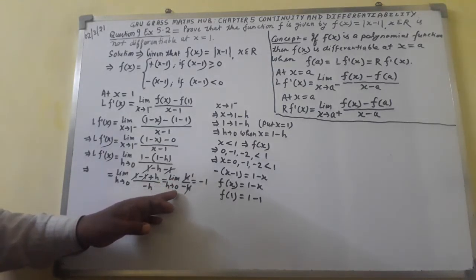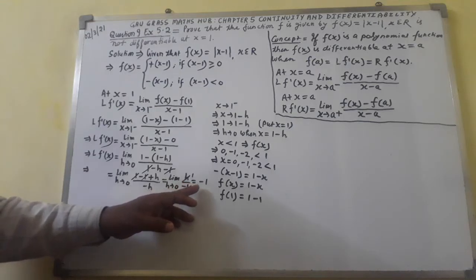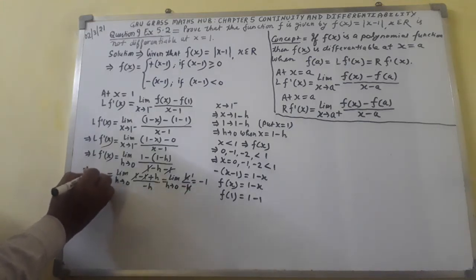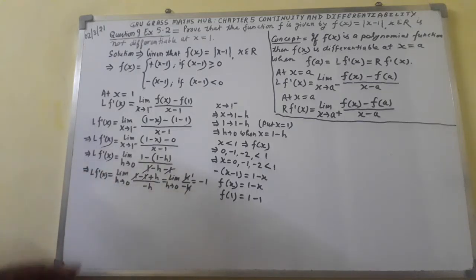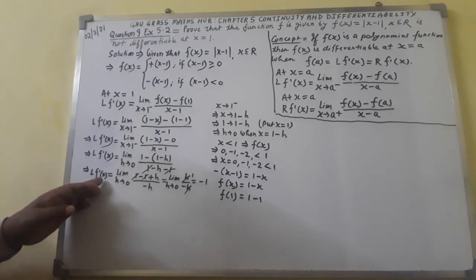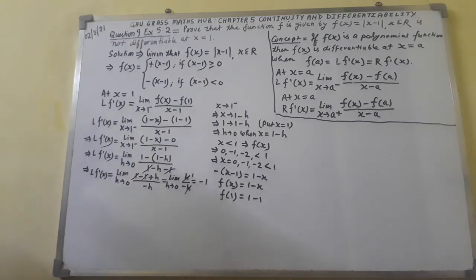Limit h tends to 0, minus 1 comes out here as minus 1. The left hand limit of f dash x, the left hand derivative of f of x, you have got minus 1.